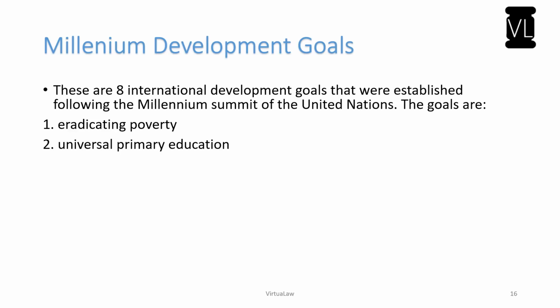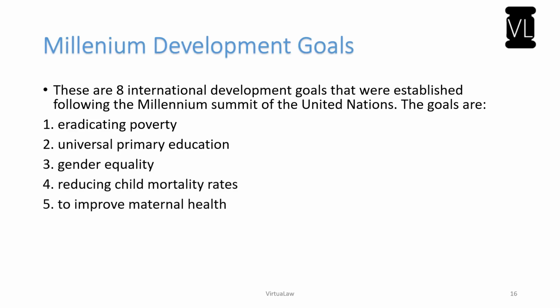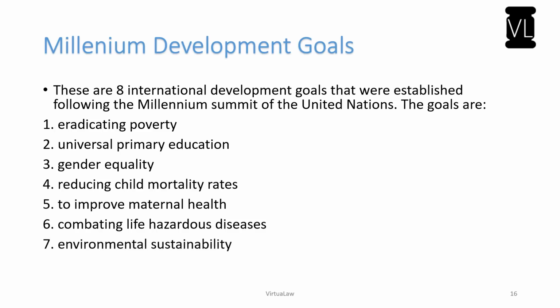One is eradicating poverty, universal primary education, gender equality, reducing child mortality rates, that is death of a child even within 1 year after birth, improving maternal health of mothers and children, combating life-hazardous diseases, environmental sustainability, and finally global partnership for development. These are the 8 development goals which were adopted, to be achieved by 2015.